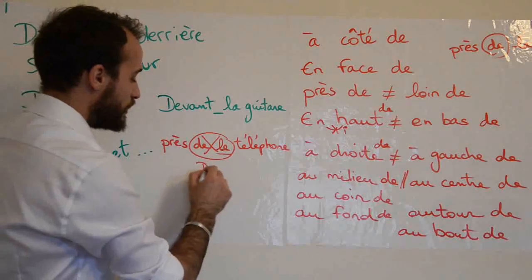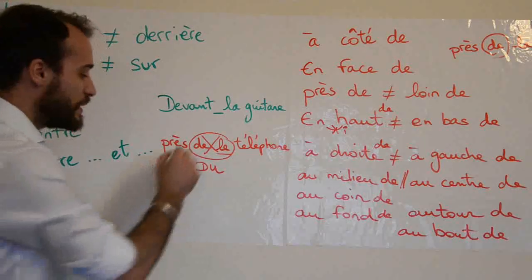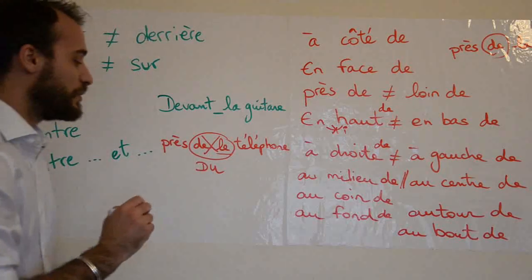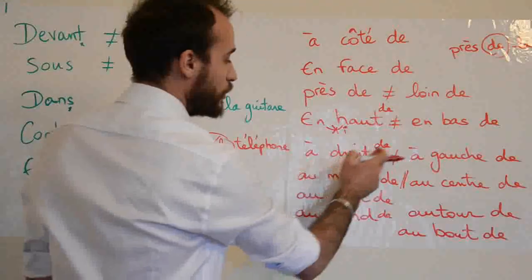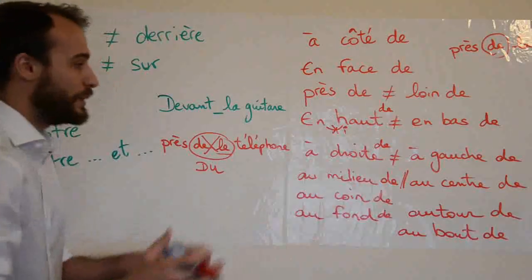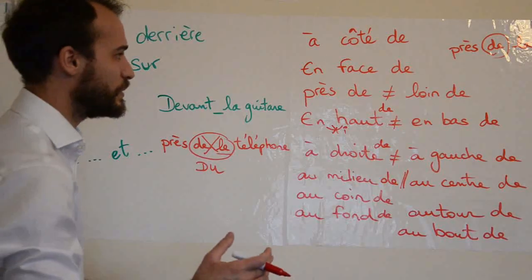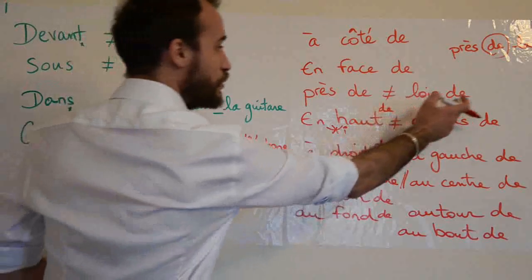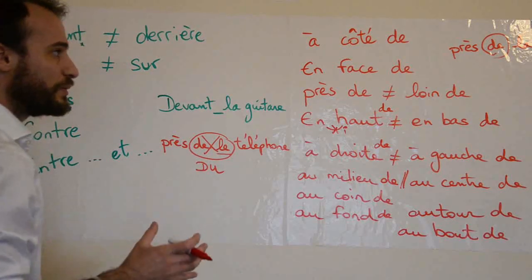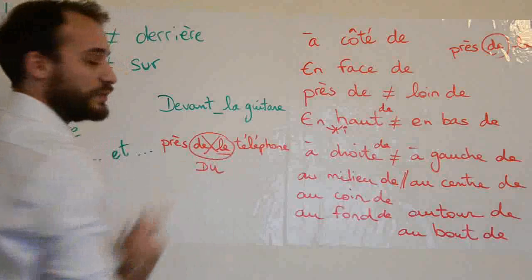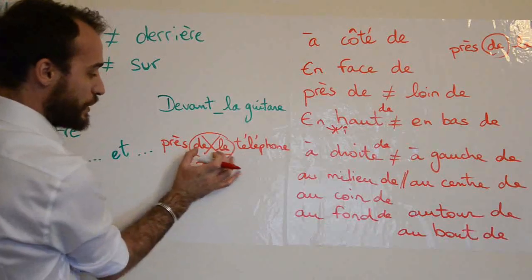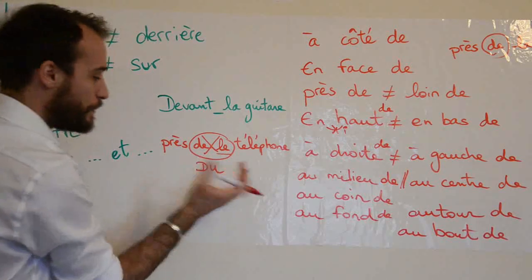And you have to replace it by du. So it becomes près du téléphone. You have to be careful about that, guys. So à droite du téléphone. Au coin du téléphone. Well, that doesn't mean really anything. At the corner of the phone is a bit bizarre, but I would say loin du téléphone. So really be careful. À côté du téléphone. So any masculine thing will have le and de joint, and that becomes du.